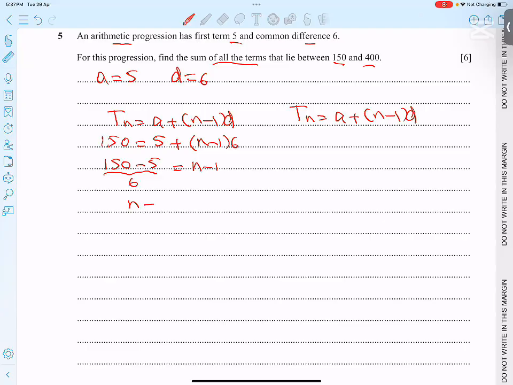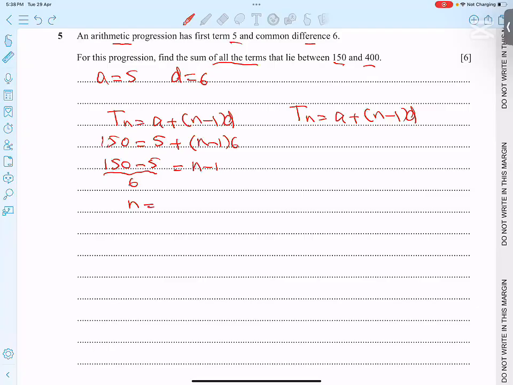And if I add 1 there, in decimals, the n value I'm getting against 150 is 25.1.